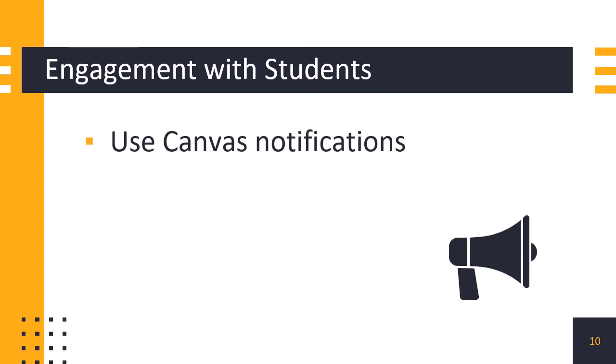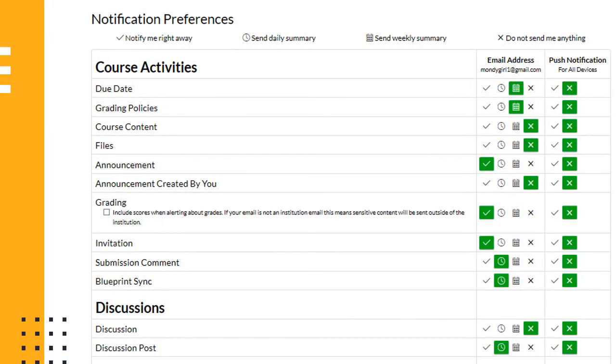The first thing I want to encourage you to do as an instructor is to use Canvas notifications. This is a feature for both you as the instructor and the students. Canvas has settings where you can be notified of various activities that are going on in the course. I'll show you a screenshot.